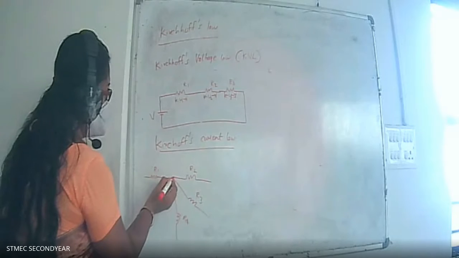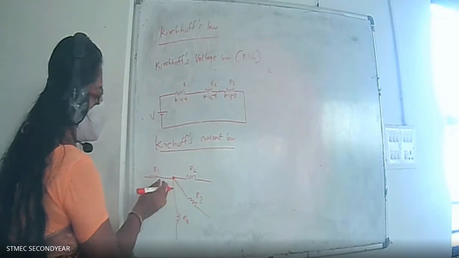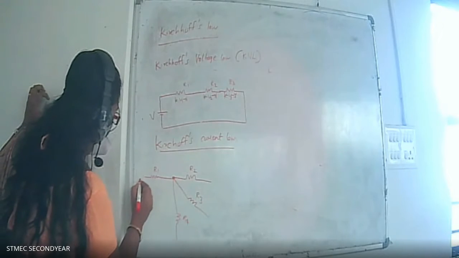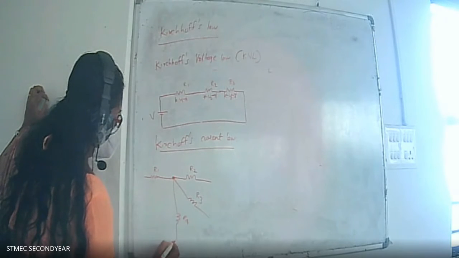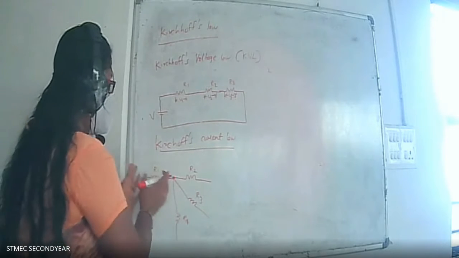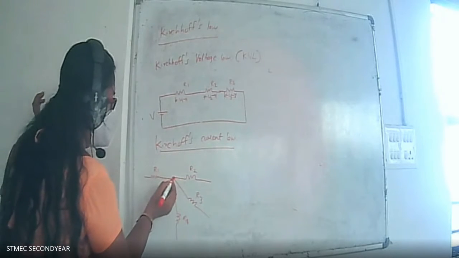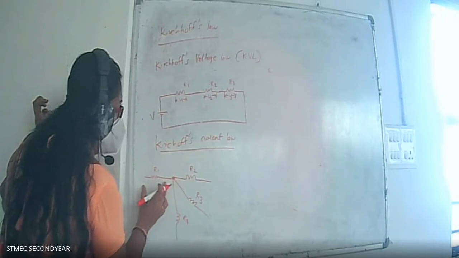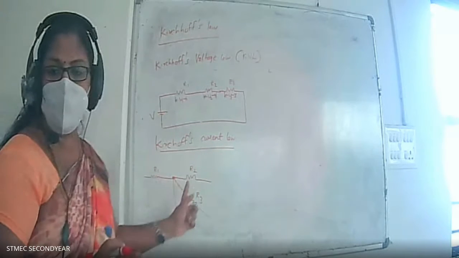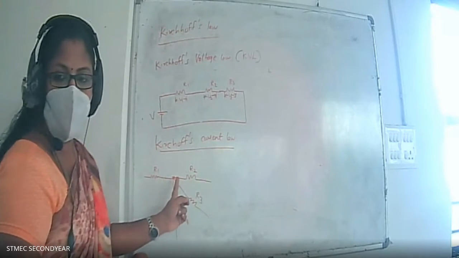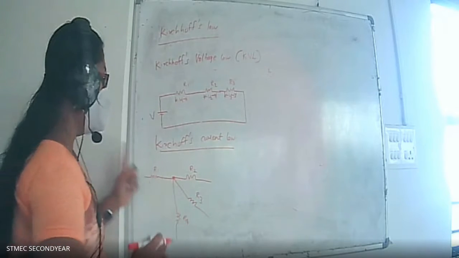There can be different circuit components, like a voltage source V1 here, another voltage source V2, whatever it is. Here I am taking different resistors meeting at a common point. Here you can see the common point.